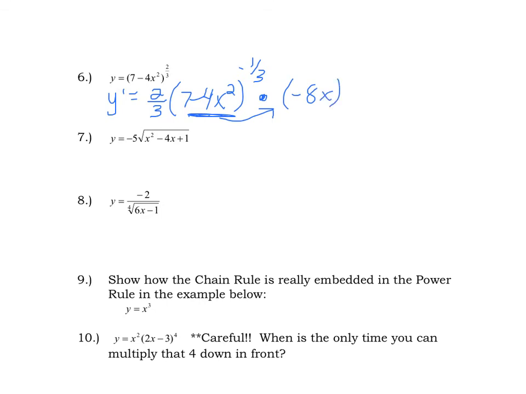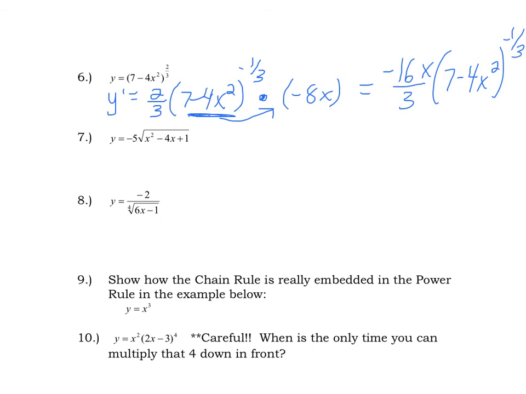The derivative of 7 would just be 0, and then the derivative of negative 4x squared is negative 8x. Not much you could really do to clean this up, other than to multiply 2/3 and negative 8x together. So that's negative 16x over 3, and then (7 minus 4x squared) to the negative 1/3.